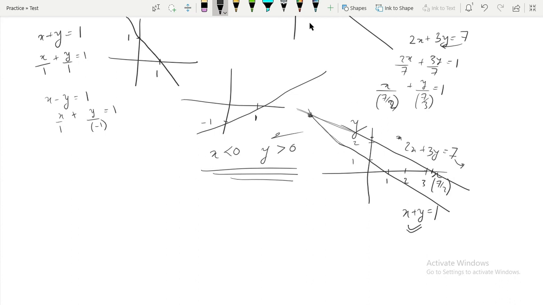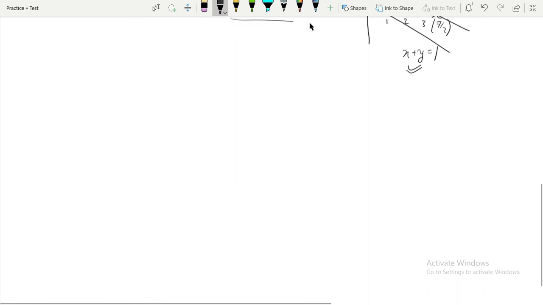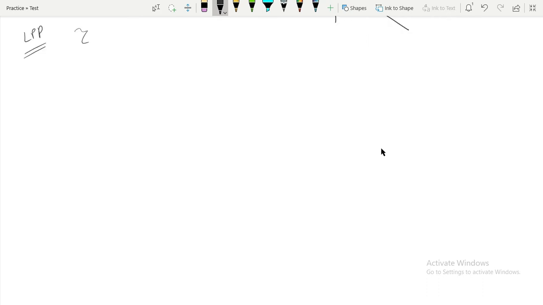We will be looking at this through an example. Now we are taking just an example. Suppose we need to optimize z is equal to 200x plus 500y. We have been given some constraints. First is x is greater than or equal to 0, y is greater than or equal to 0.